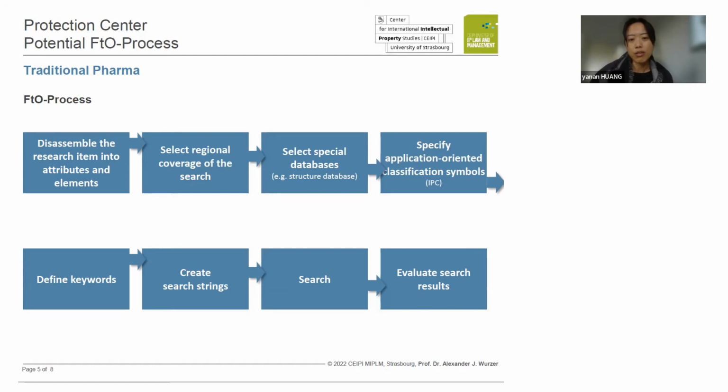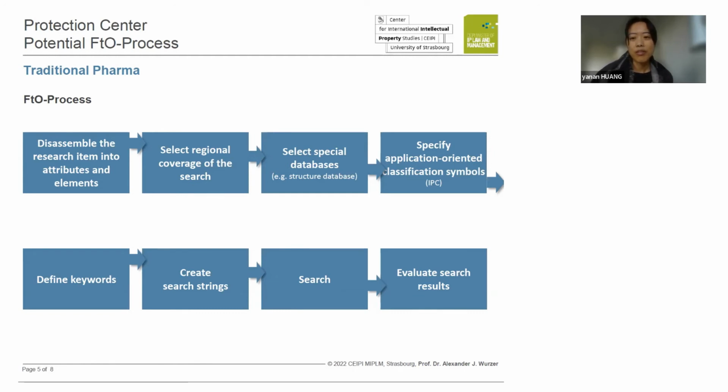And the fourth step is to specify the application-oriented classification symbols. This part has already been presented by Constantino in detail. Then follows defining the keywords.